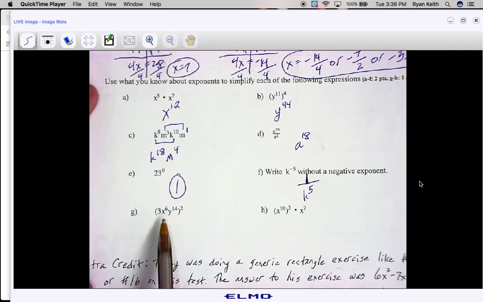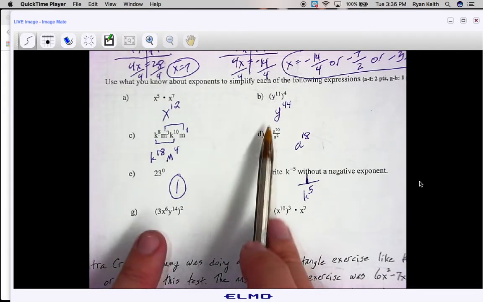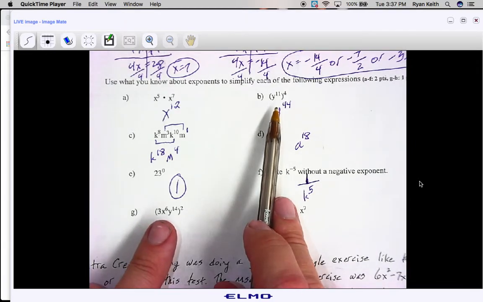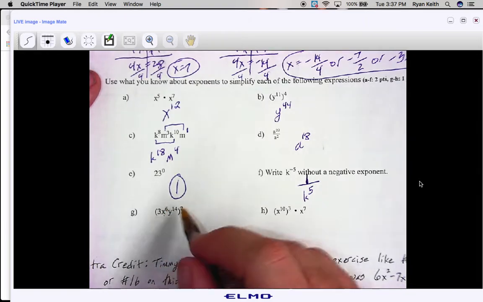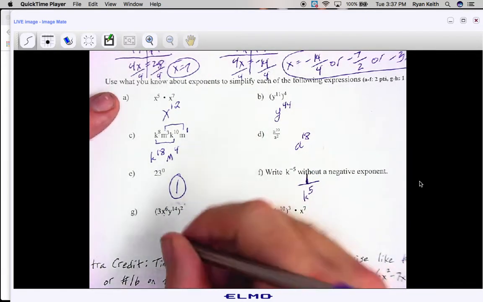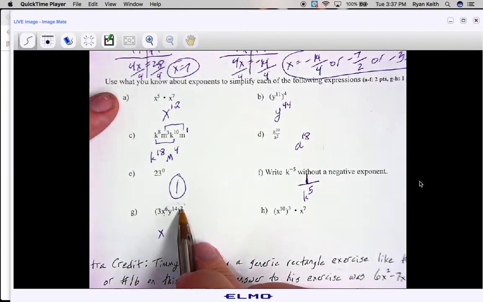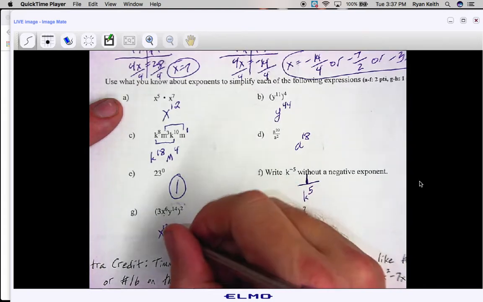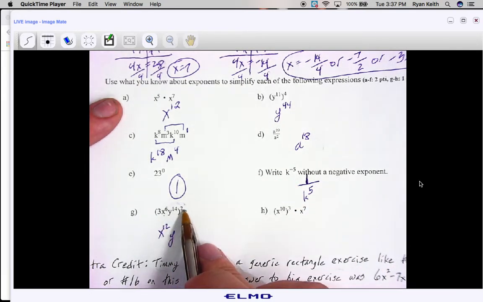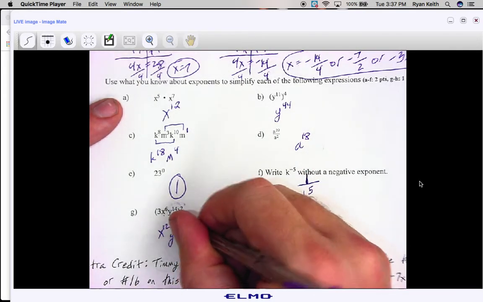G. G and B look a lot alike, don't they? Parentheses and all that. So here's the deal. When it comes to the x's, I want to do the multiplication just like I did up here. So x to the 6 times 2 is 12. Y to the 14 times 2 is 28.